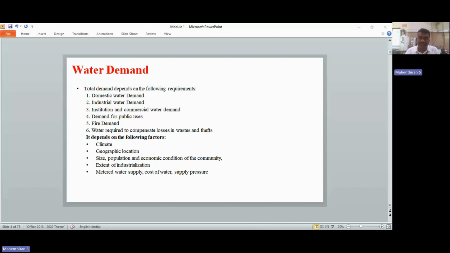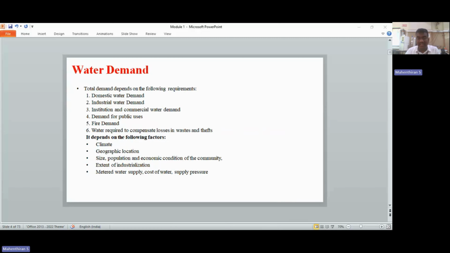The next one is the industrial water demand. Industries require water for manufacturing processes, cooling of machinery, as well as cleaning and maintenance. For example, industries like textile, paper, and steel require huge quantities of water. So, in an industrial city, this component can dominate the total demand.